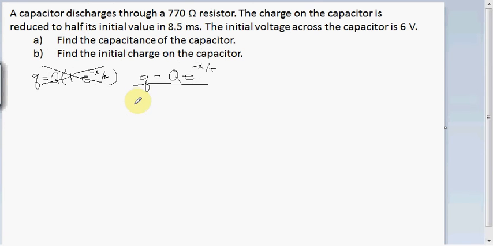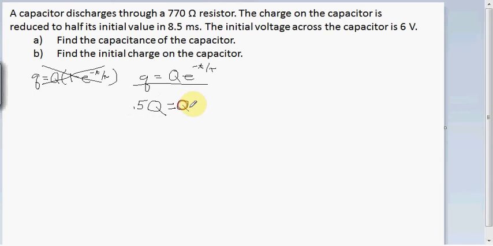So small q, the charge on our capacitor, is equal to 0.5 times capital Q, because capital Q in this one is the initial value of our charge. In other words, it's the maximum value. Over here in this other one, for a charging capacitor, capital Q is the final charge.